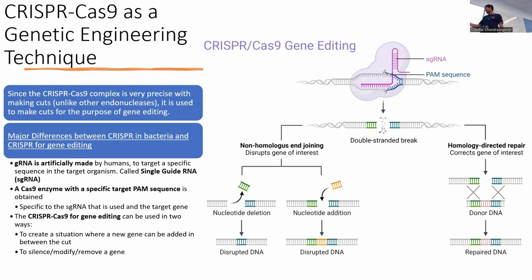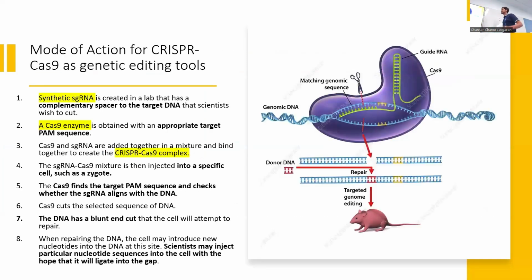So within the cut, another gene can be added in to either disrupt the DNA or to make a new gene to be produced as well. Or, sorry, this is the one where it's a donor DNA being integrated into the DNA. This is different. I'm going to edit this picture, it's not the best.